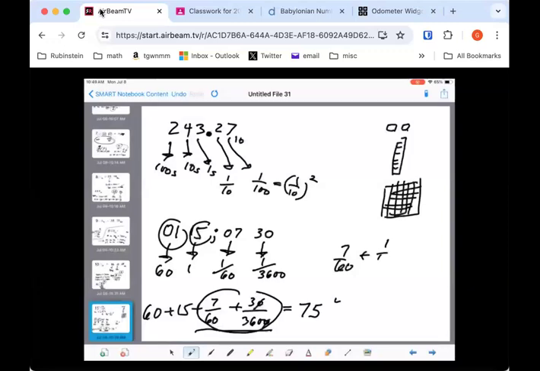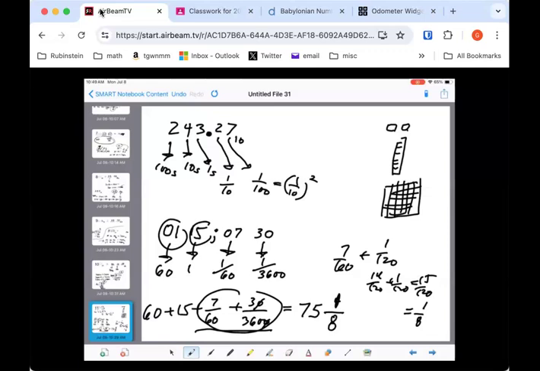So 1/120, which becomes 14/120 plus 1/120, which is 15/120. But 15/120 itself reduces to 1/8. And 1/8 was the answer to that question.